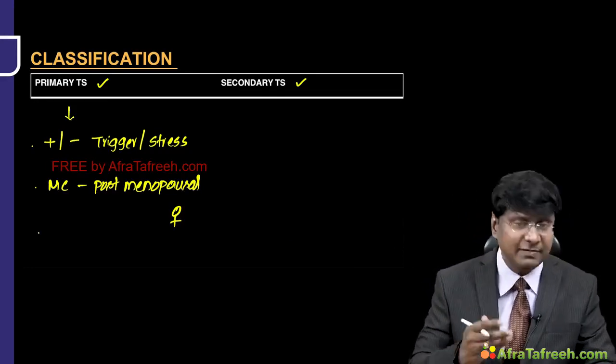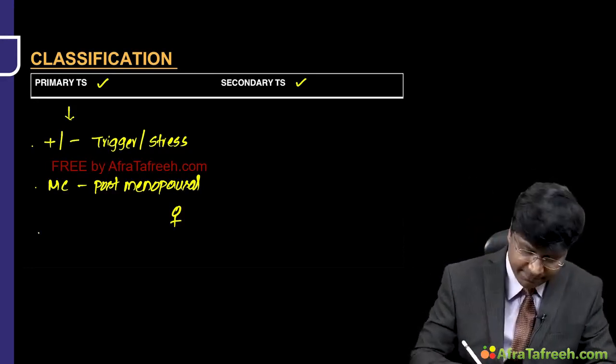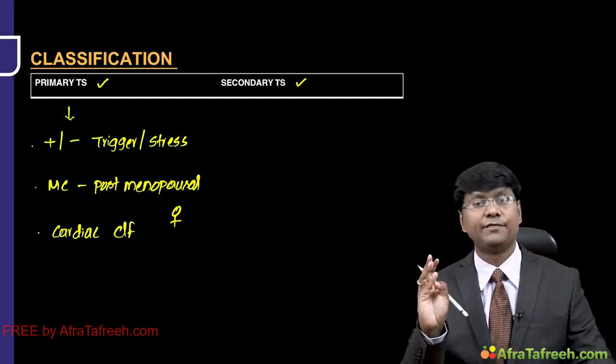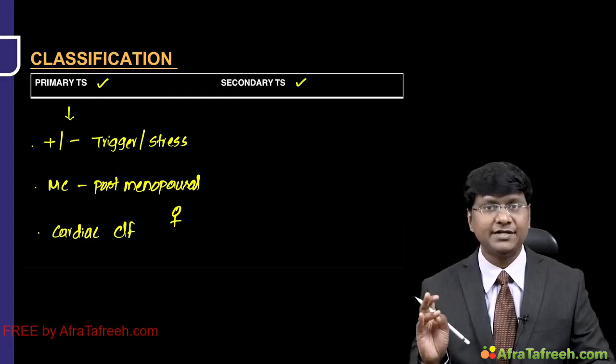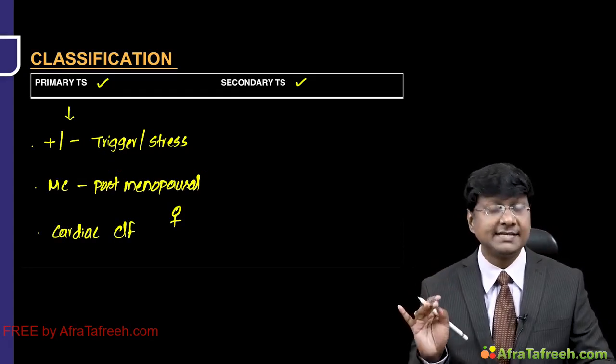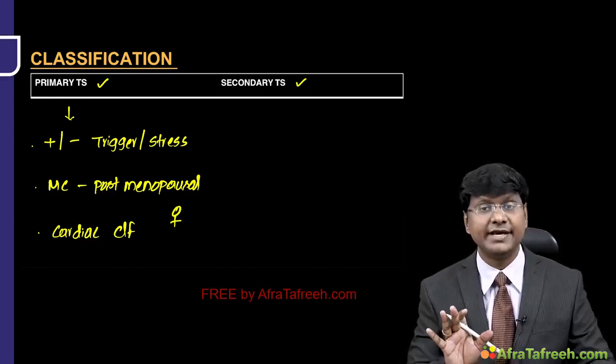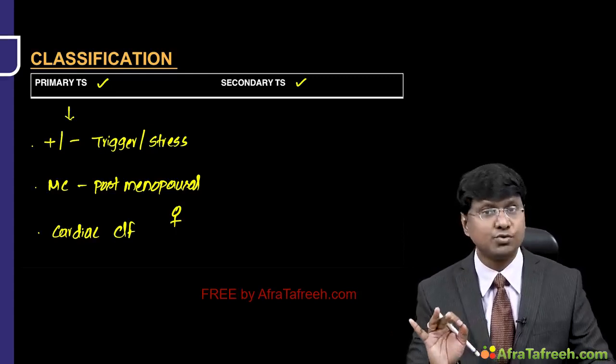Now, what will be the presentation of these individuals? They present mainly with cardiac symptoms, that is in the form of chest pain, palpitations, dyspnea, syncopal attack. These are the cardiac symptoms that you come across in primary Takotsubo cardiomyopathy.